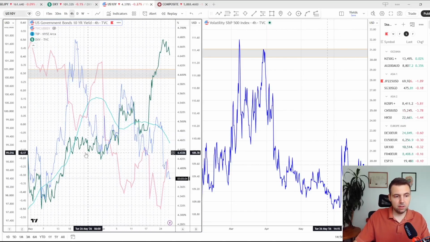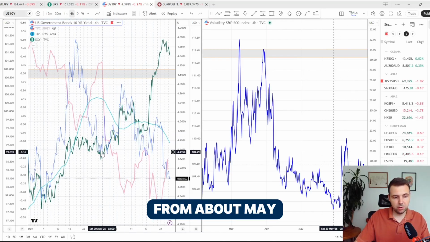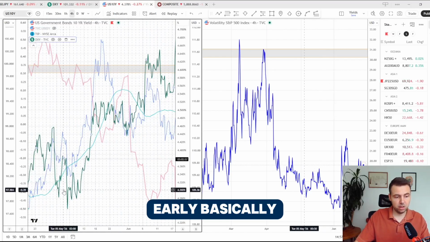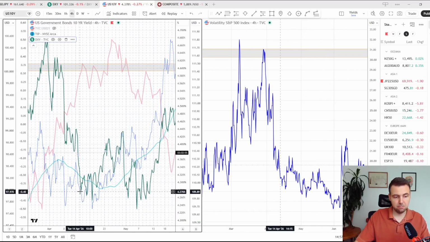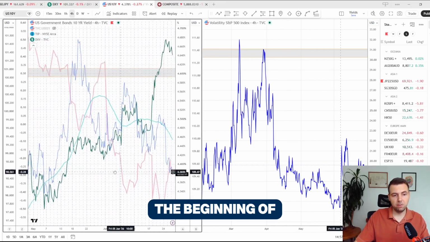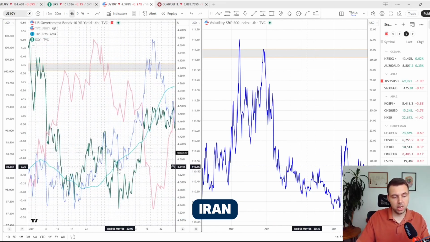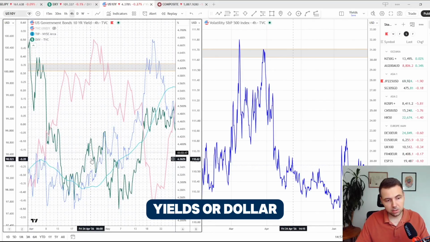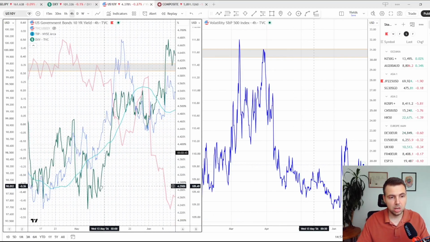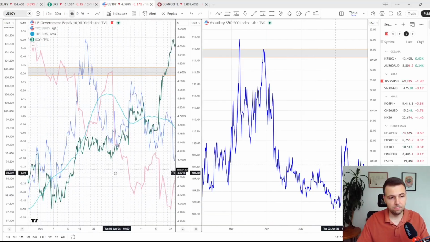From about May, or even earlier, April, March, since the beginning of the conflict in Iran, the dollar pretty much follows 10-year yields.